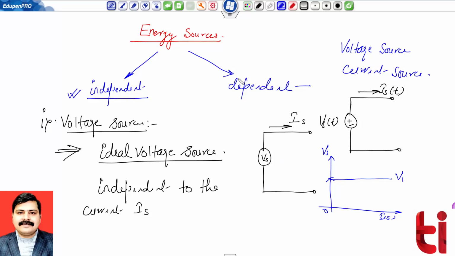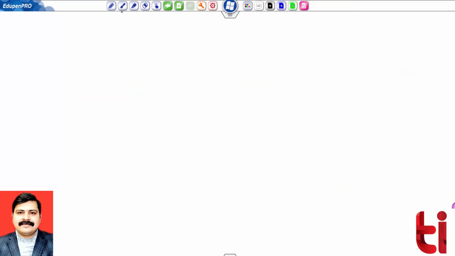However, the practical voltage source is a bit different. The representation of a practical voltage source is a voltage source in series with a resistance. So this is the representation: current Is, voltage source Vs, and this is the resistance.